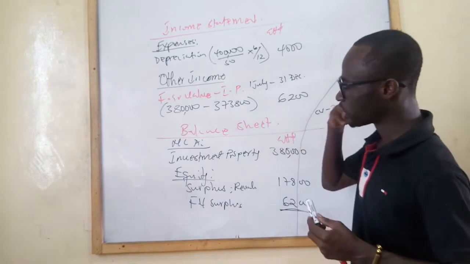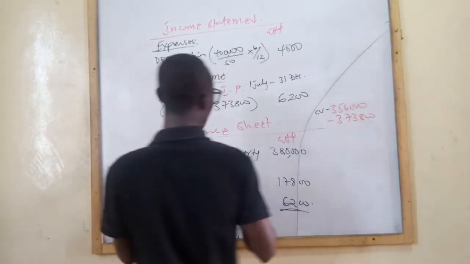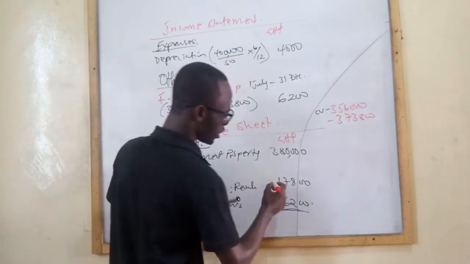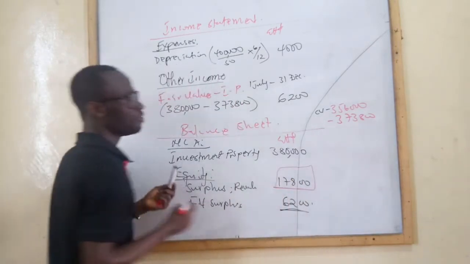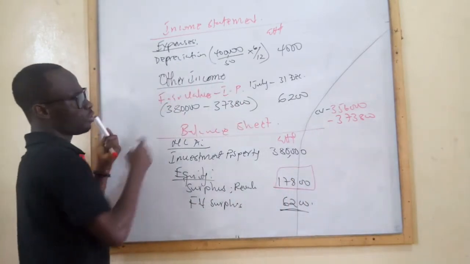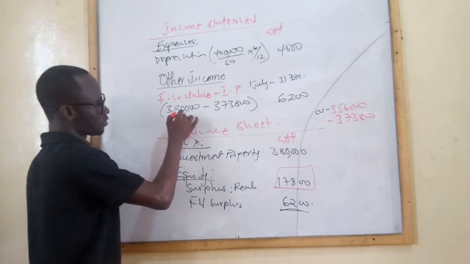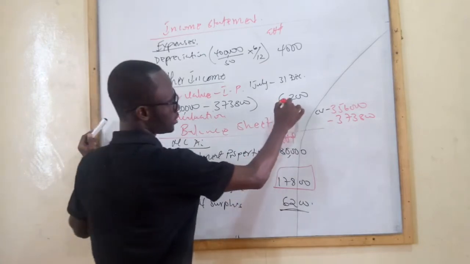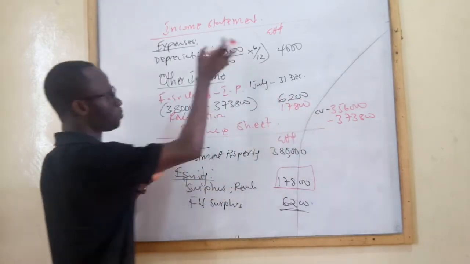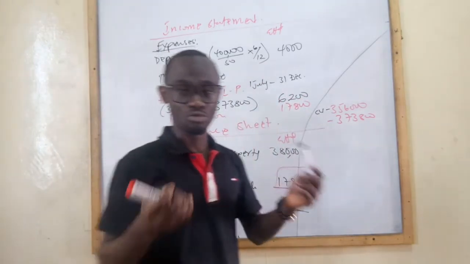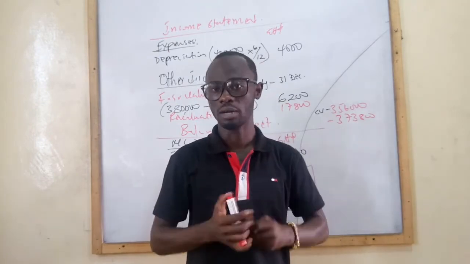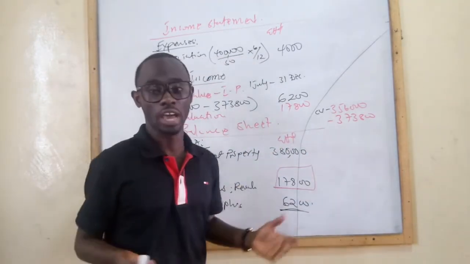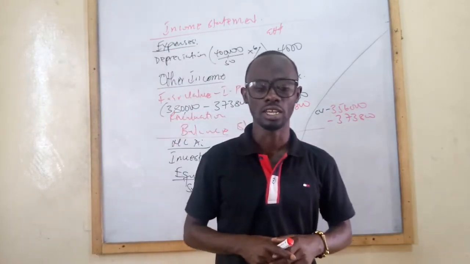Now usually, since we are in other comprehensive income, this 17,800 could also be recognized here, 17,800, as part of other comprehensive income for the business, so that we will take the same thing to the equity segment in the balance sheet.